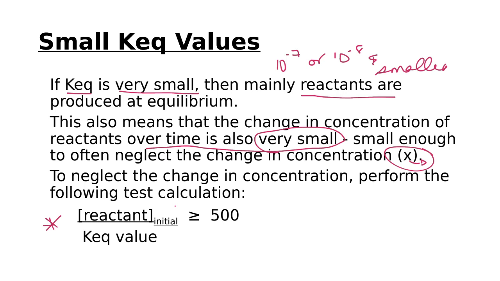Then you divide it by the K value, and you'll get a value. We don't really care what the actual value is, but if your division of those two becomes greater than 500, you can neglect that change in concentration in the ICE chart and carry on and do some simpler math.